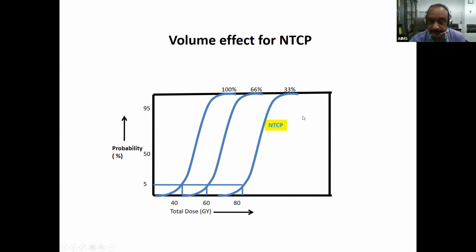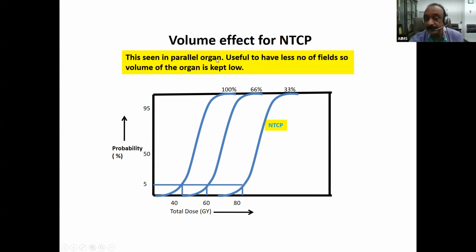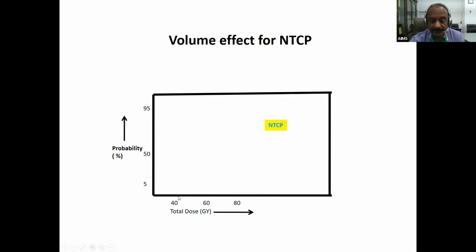And this kind of relationship is mainly seen in parallel organs. So the volume effect is mainly seen in parallel organs, and in a parallel organ, while you plan the radiation beam, it is useful to have a smaller number of fields so that the volume of the organ irradiated is kept low. Now some organs behave like this: whether you treat 100% volume or 66% volume or 1/3 volume of the organ, there is no change in the safe dose, it remains the same.